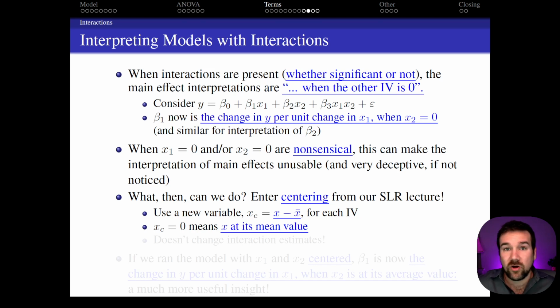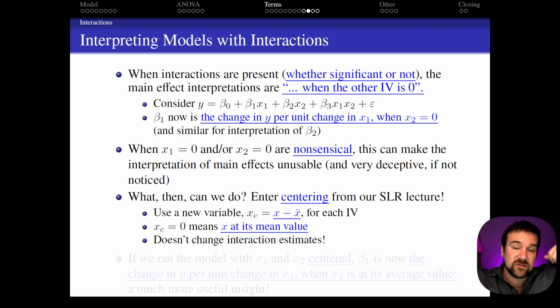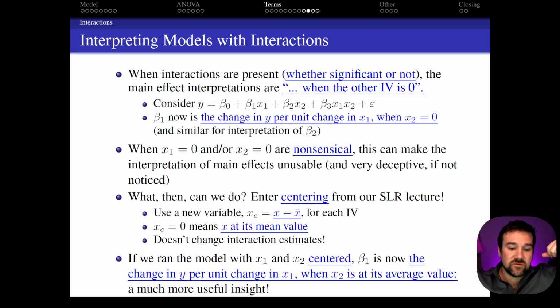That new thing, I'll call it new height. Where height equals 0 literally meant you were 0 inches tall, new height equals 0 means you're at the average height. And it's important to remember this doesn't change the interaction estimates. This just changes the values that it's related to.